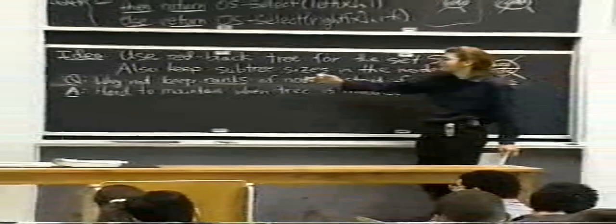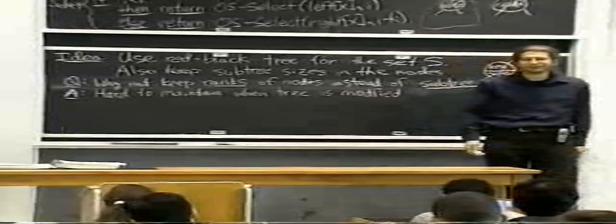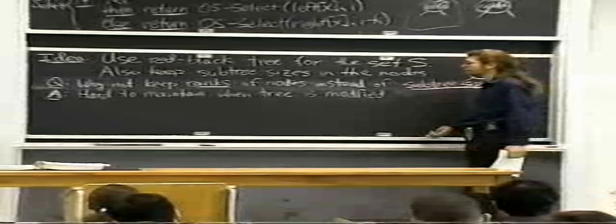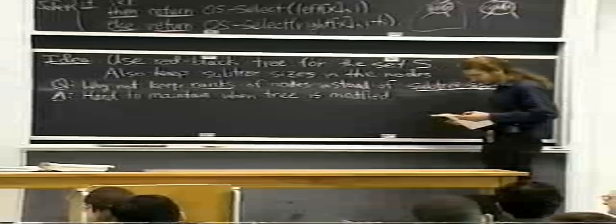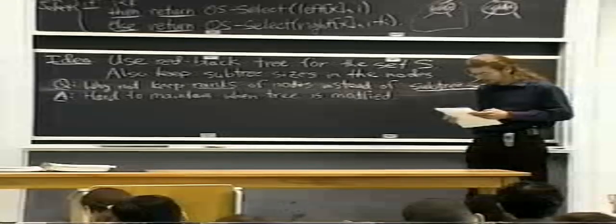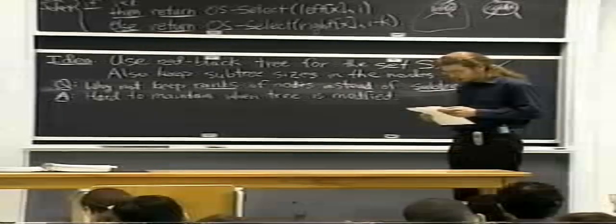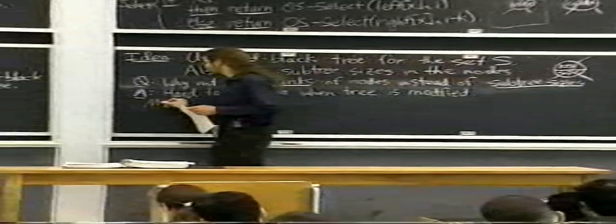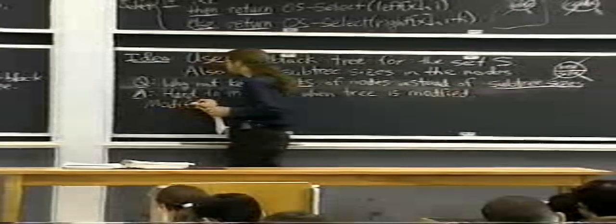I say that I can't maintain the ranks, but that's sort of a negative statement. I want to maintain something. I claim that I can maintain subtree sizes, and that's why we store them instead of ranks. So what I need to do, there are two kinds of modifications.